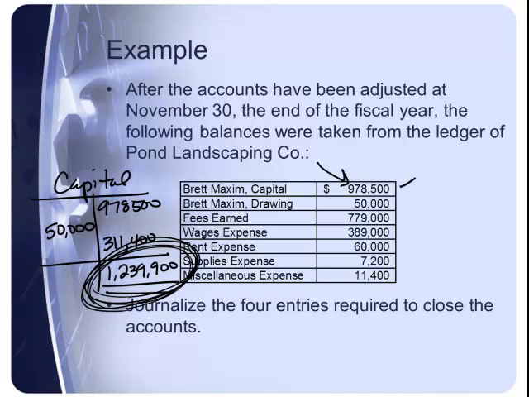We closed out revenues, expenses, and drawings, to start from zero at the beginning of next period. Shifted everything into capital. So at the beginning of next period, we have no balances in revenues, expenses, or drawing. The only balances we carry forward are assets, liabilities, and equity. So we carry forward our cash, our buildings, our equipment. We still have those things, even though it's a new year. We carry forward our liabilities. We still owe that money.